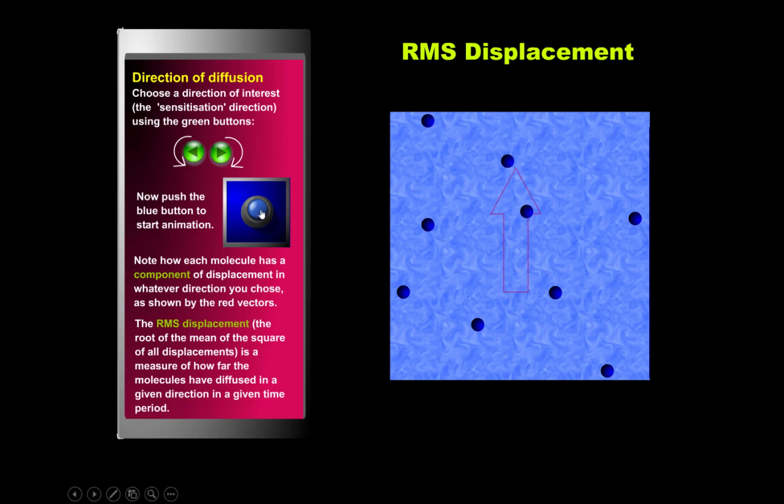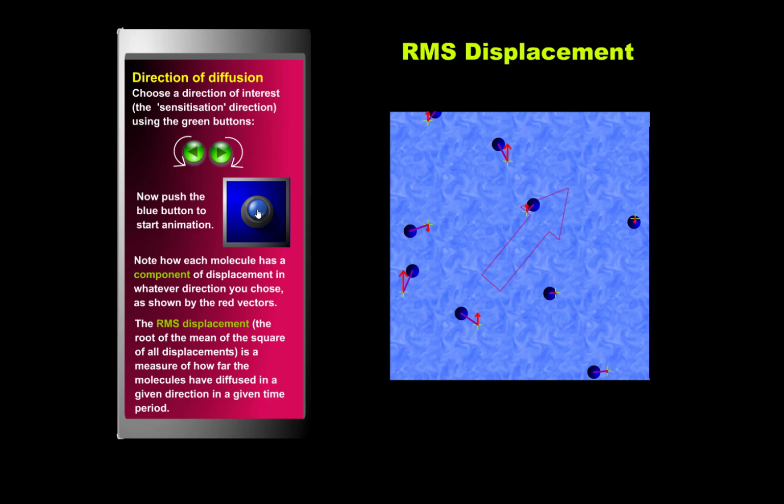The molecules are allowed to diffuse, and then what we are measuring is the component of motion of the molecules in our direction of interest. So for example, in this case, we're interested in the up-down direction. So what we're interested in is these red vectors, how much or how far the molecules have moved in that particular direction.